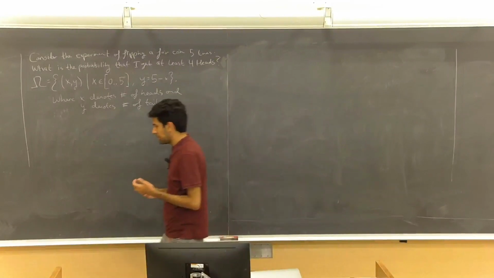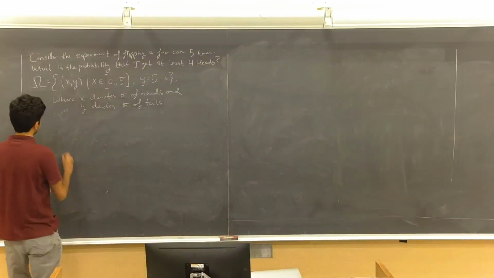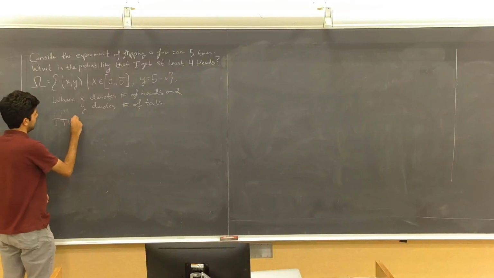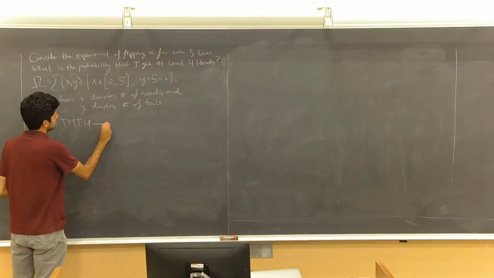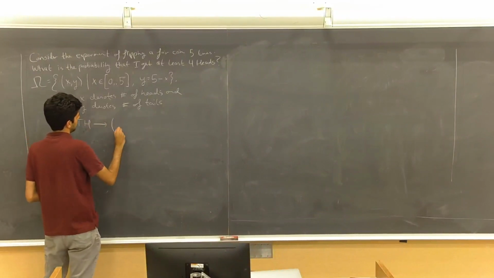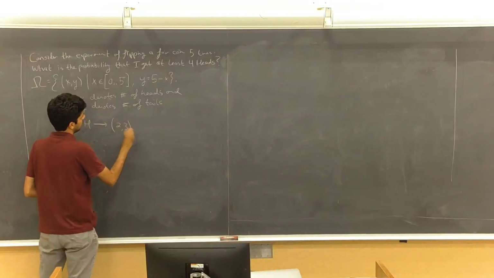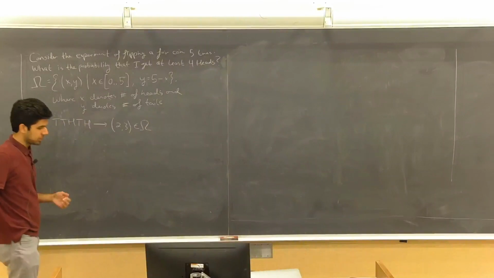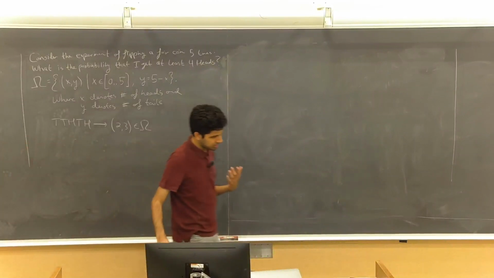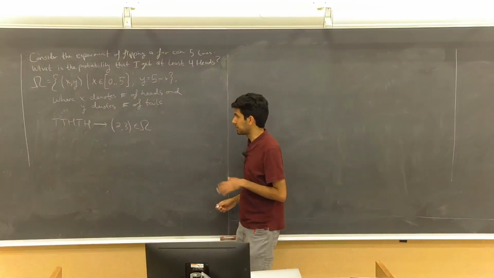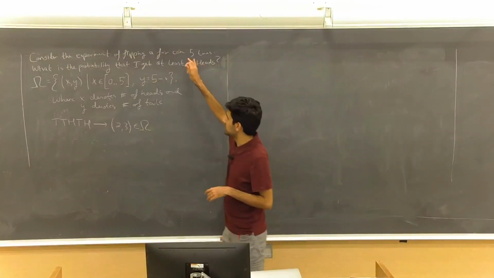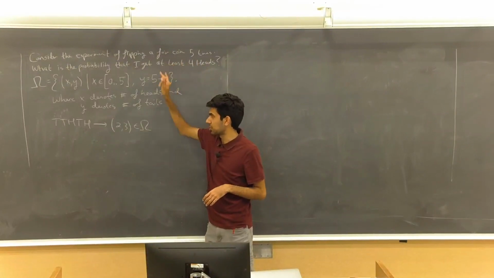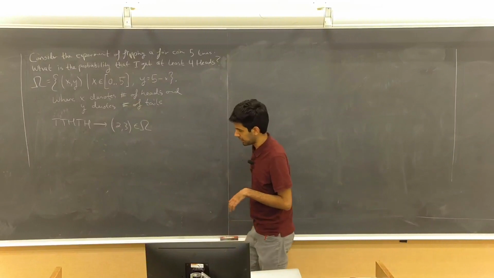So for example, maybe I flipped my coin 5 times and I got tails, tails, heads, tails, heads. This would correspond to the ordered pair 2, 3, and sure enough, by definition, this is in my outcome space. So in this sense, omega is a valid sample space, right? Because whatever I do up here, such an ordered pair will always appear in omega.